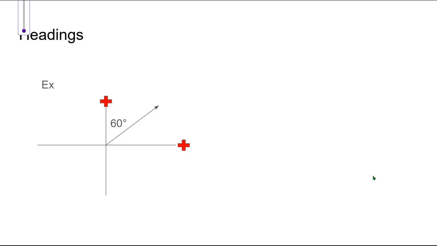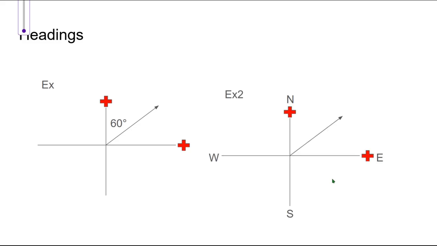Also note that there are other ways of denoting the angles and direction, as for example, in some places, students are taught to draw their Cartesian planes like a compass, like so, and then you would denote the angle in relation to north, south, east, and west, as well as the direction in which it is deviating to.